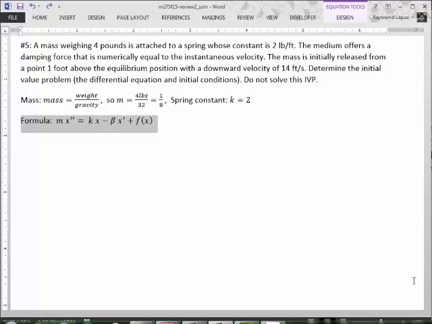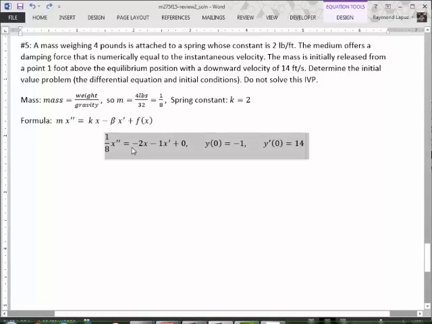So our formula is going to be m, the mass, times x double prime is equal to negative kx minus beta x prime, where beta helps us find our damping force, plus our external force f of t. In this particular problem, there is no external force, so we don't need to worry about that.